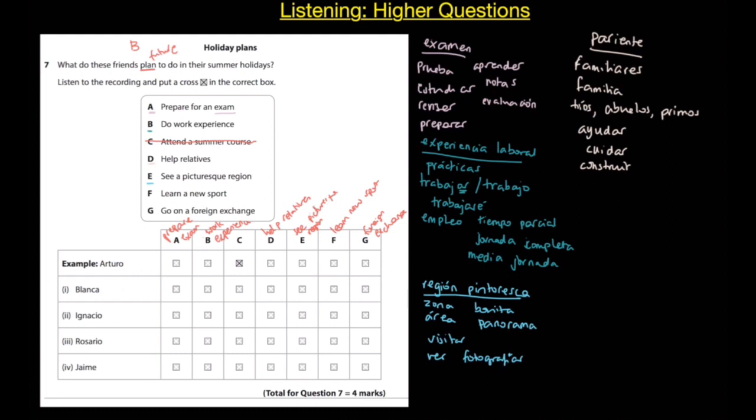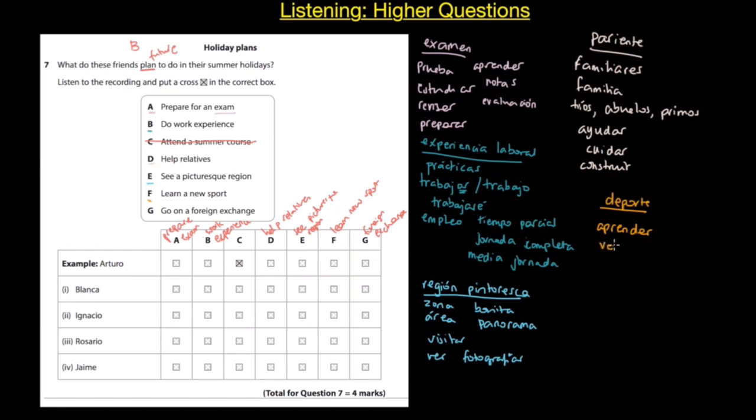Learn a new sport. If someone's talking about learning a new sport, I may hear the word deporte, I may hear the word aprender, but I may hear the word of a sport. And with this being higher, I may not hear football or rugby.